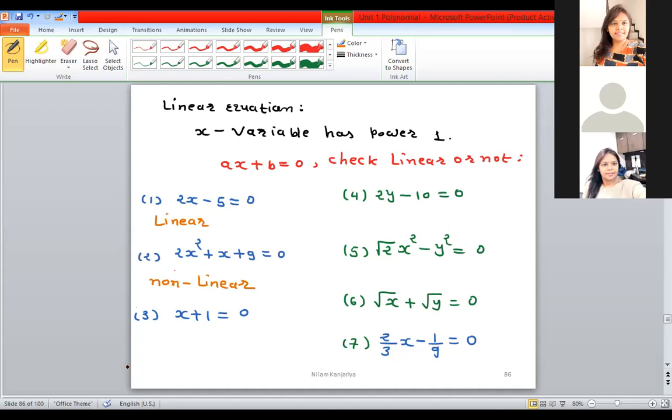Third is linear, ma'am. Okay, x has power 1. Right. Done. So only one student gave the answer. Remaining are.